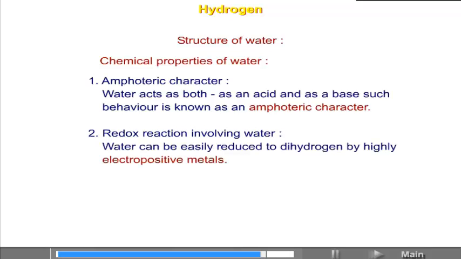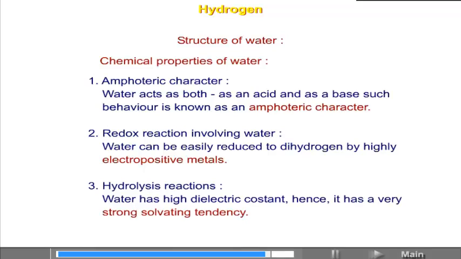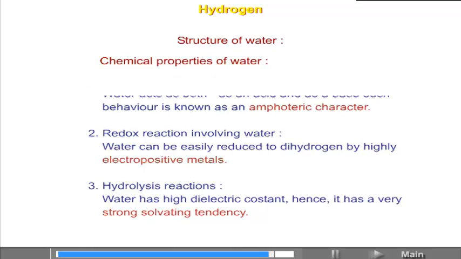Water can be easily reduced to dihydrogen by highly electropositive metals. Third one, hydrolysis reactions. Water has high dielectric constant, hence it has a very strong solvating tendency.